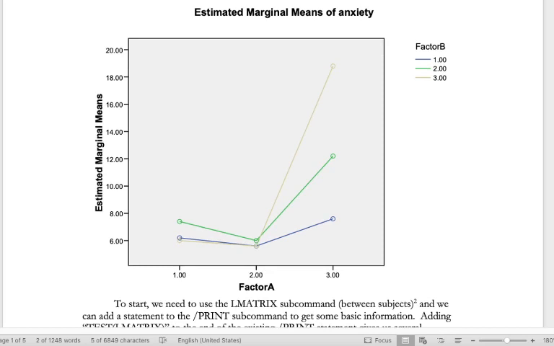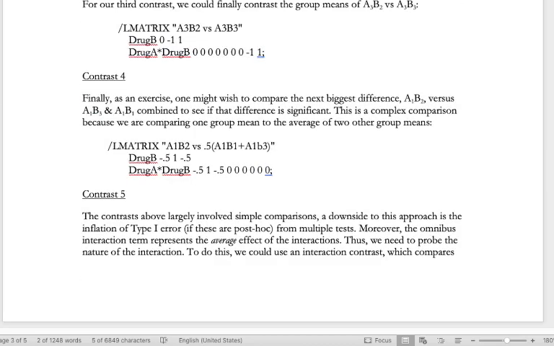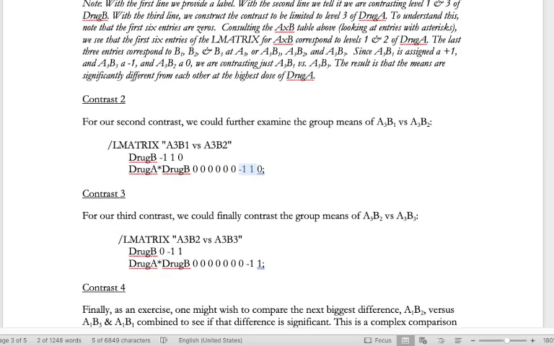So the green versus the yellow. So essentially we're just comparing all three of these points to each other. So that's how that would look. Again, same thing as before.